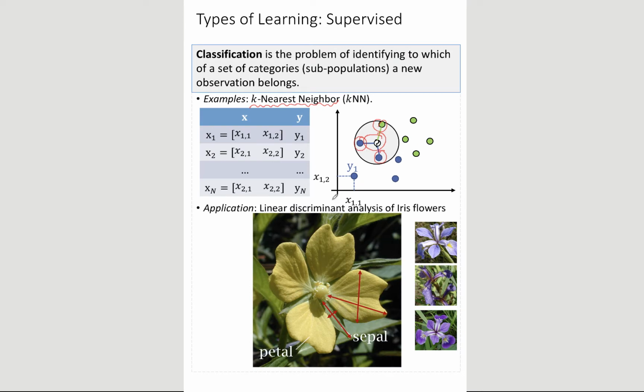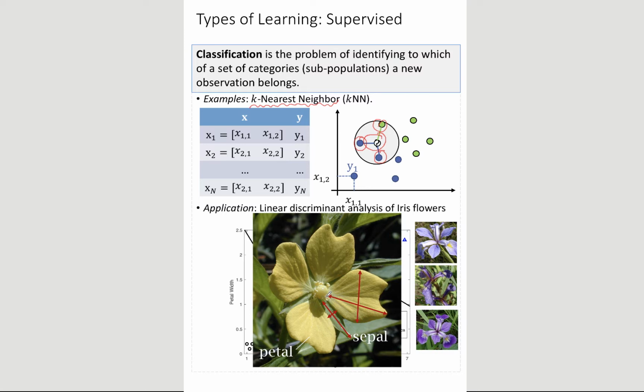Another popular classification algorithm is linear discriminant analysis, or in short LDA. We will leave the details of this algorithm for later. Here we illustrate how LDA solves the famous iris flowers classification problem introduced by famous British-Australian statistician Ronald Fisher. The original dataset comprised three species of iris: setosa, versicolor, and virginica, each with four characteristics: the length and the width of petals and sepals, given in centimeters.